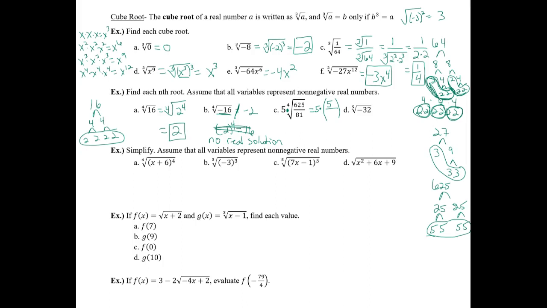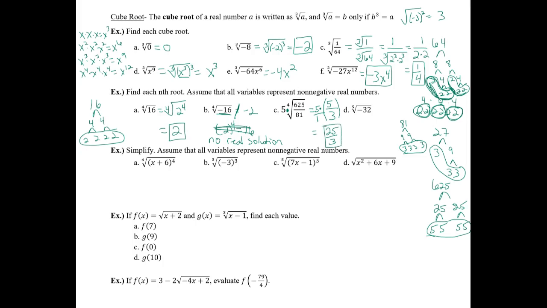Well, 81 is 9 times 9, and 9 is 3 times 3. So what times itself 4 times would give me 81? 3. And then lastly, I do need to multiply by that 5 that was on the outside of the radical. So make it a fraction by putting it over 1. And I end up with 25 thirds.